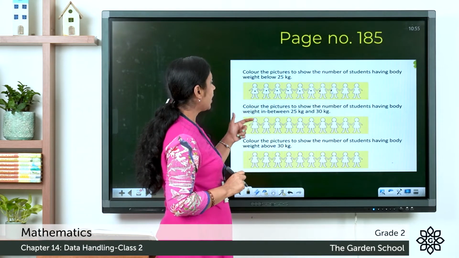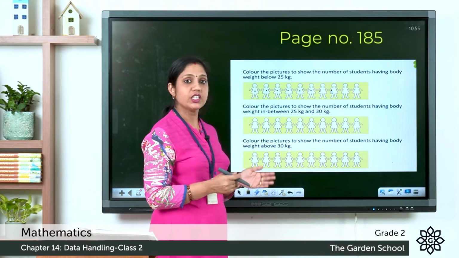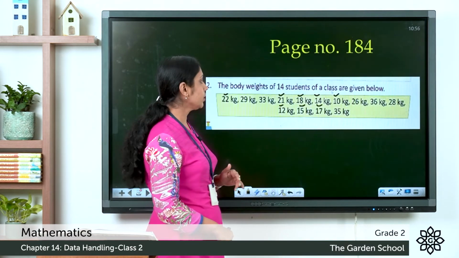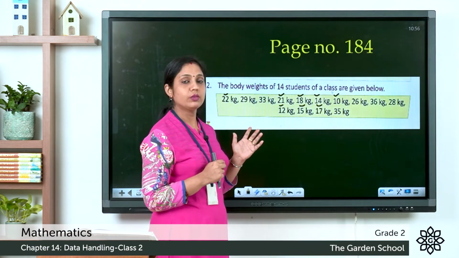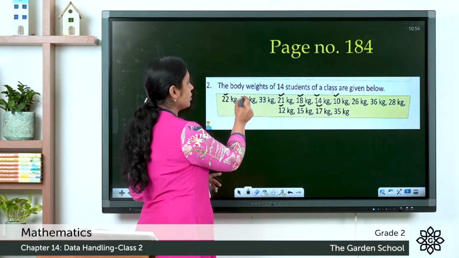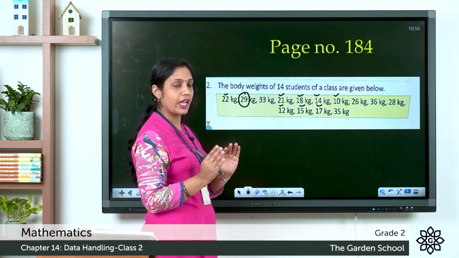The next one, color the pictures to show the number of students having body weight in between 25 kilo and 30 kilo. So we have to find out the number of students who are between 25 and 30. So 29 comes between 25 and 30.